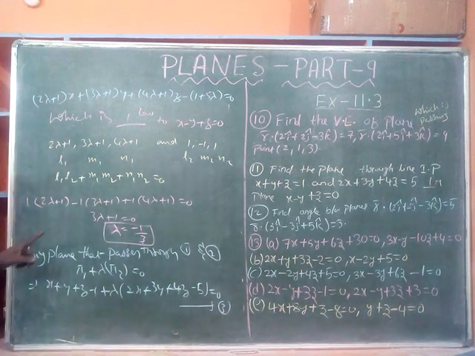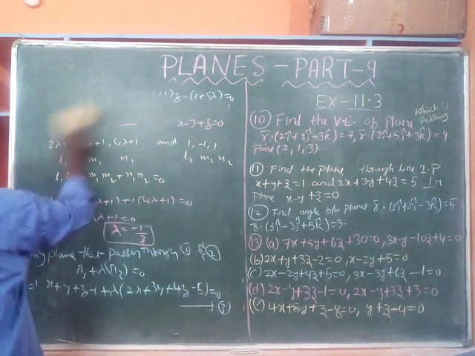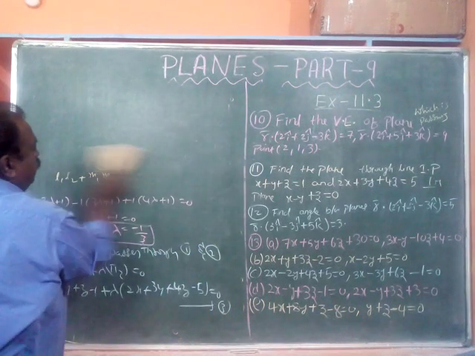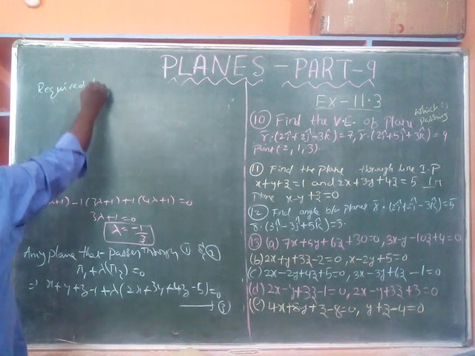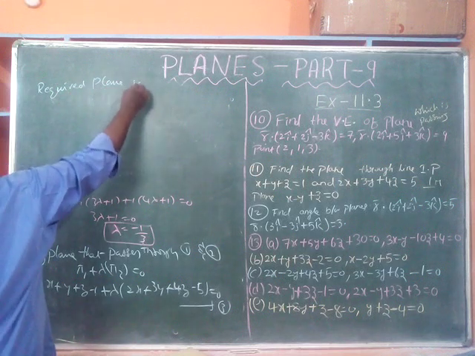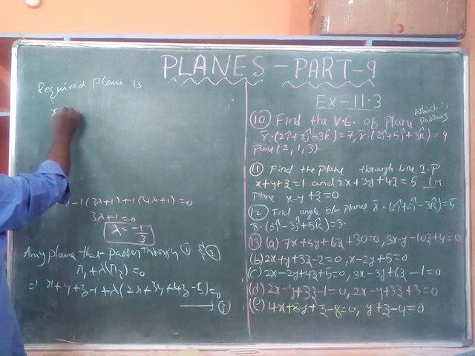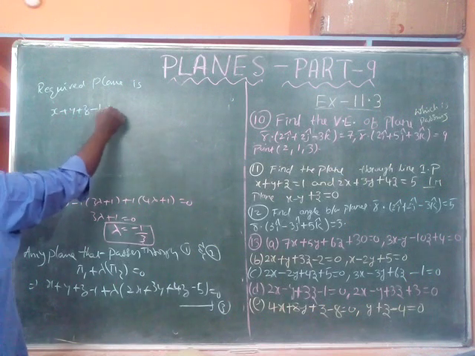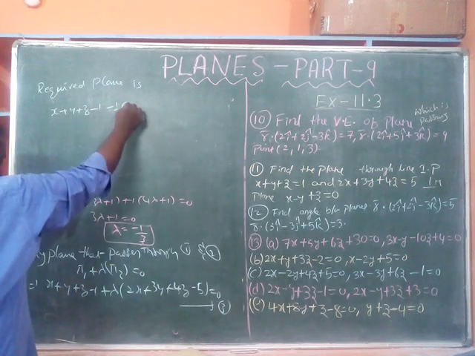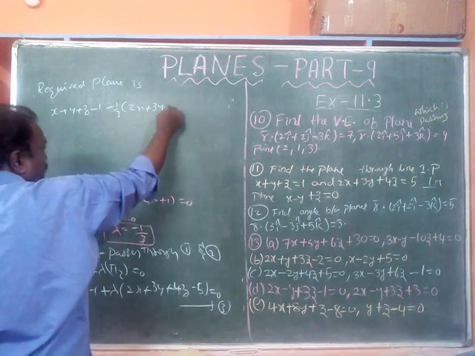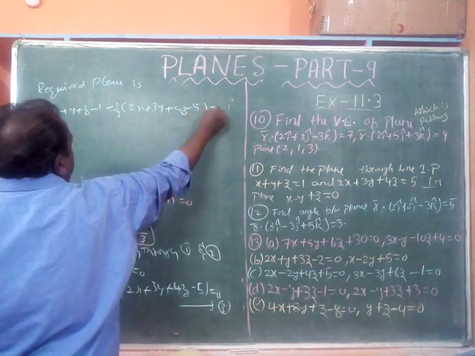Okay, so we get the lambda value. Now if you substitute it in the third equation, we get the required plane. The required plane is x plus y plus z minus 1 plus lambda, that is minus 1 by 3, into (2x plus 3y plus 4z minus 5) is equal to 0.